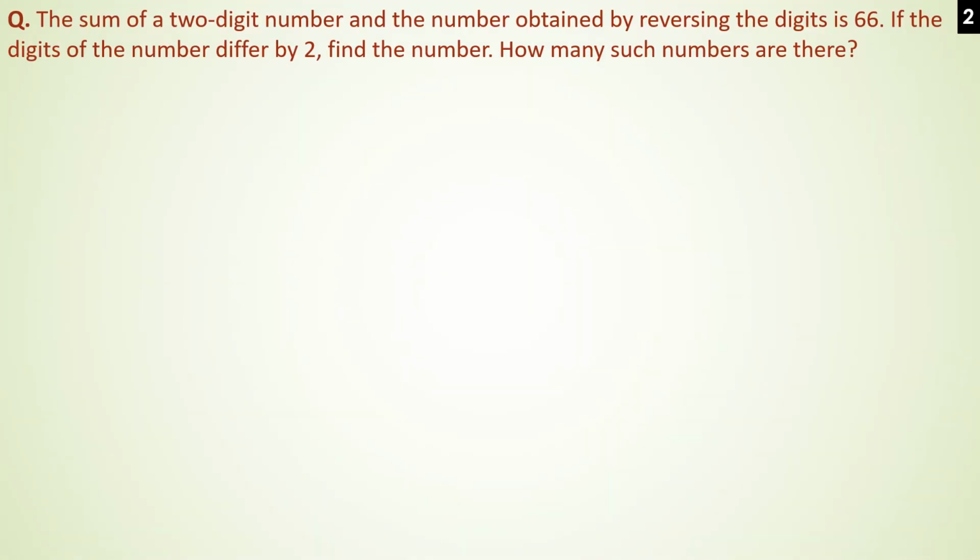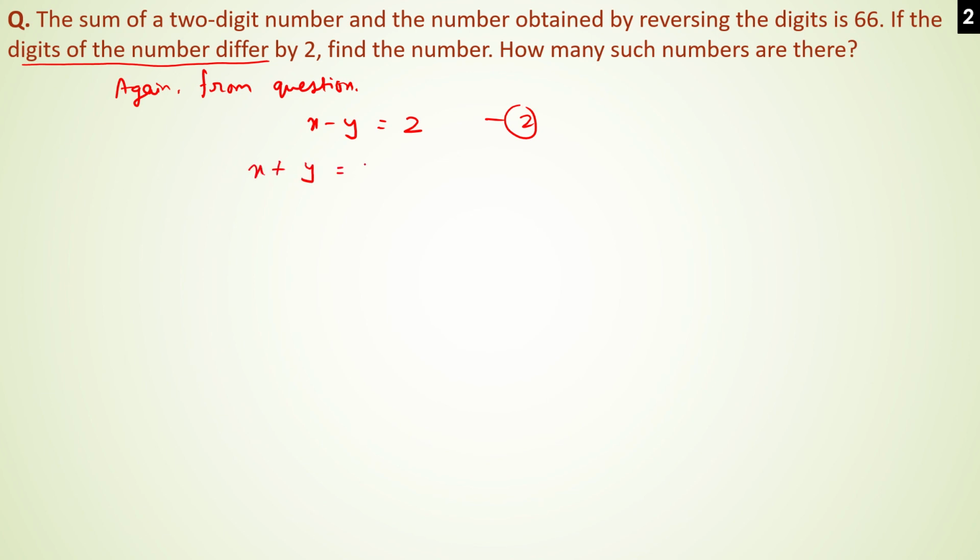So let us write it in the next step. From the question, x minus y equals 2. This is the second equation. Here the coefficients are the same, so we can easily solve the problem.